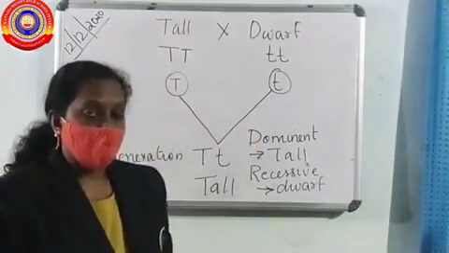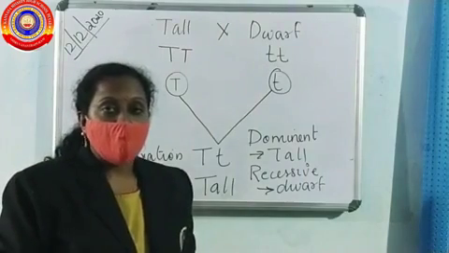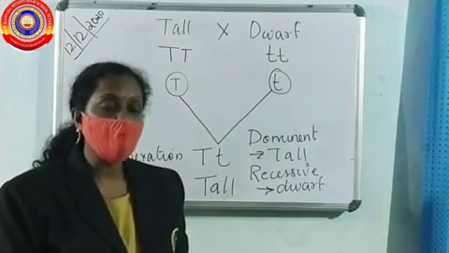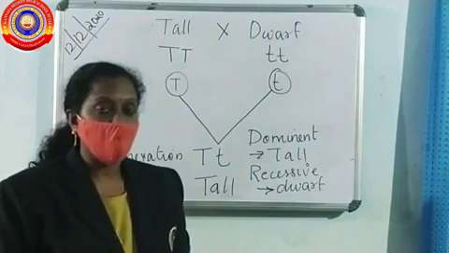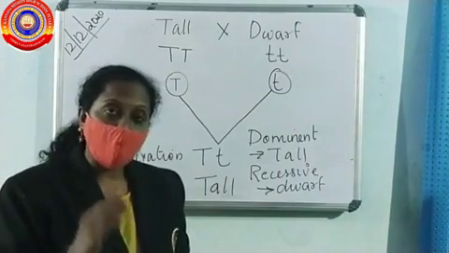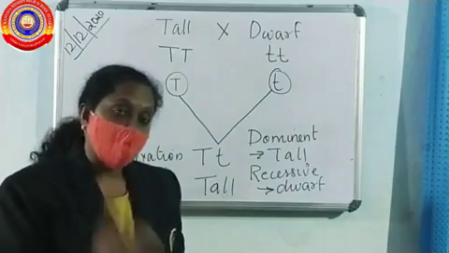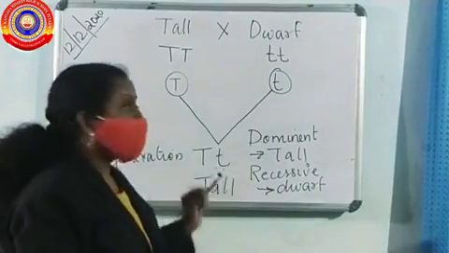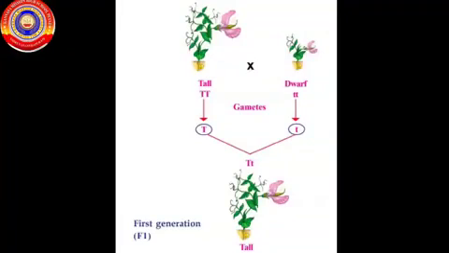Once again, in the F1 generation, only one character is expressed, that is tall, which is dominant, and another is hidden, which is recessive, that is dwarf.